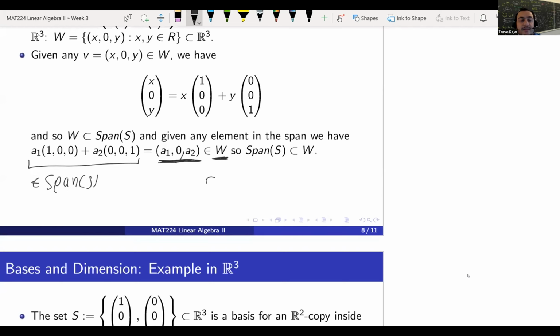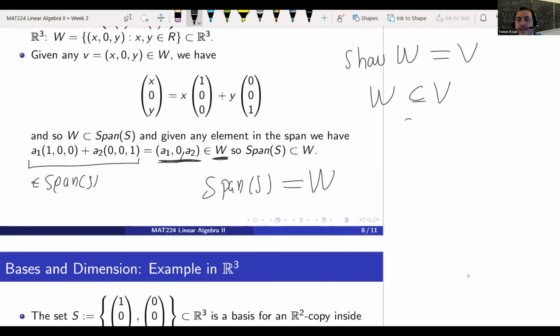So we get that span of S is equal to W because we did both directions. So in general, when somebody asks you to show that W is equal to V, the fastest way is to show one inclusion first and then the other direction.